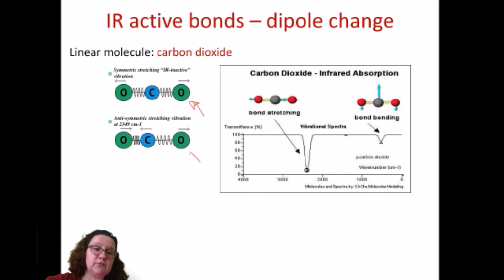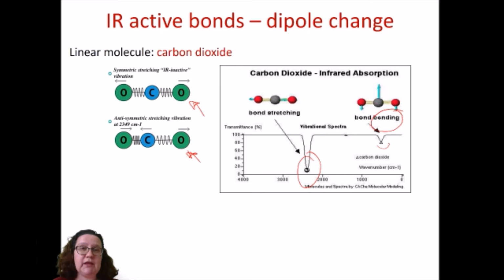This one, however, although the molecule is still symmetric, the antisymmetric stretching vibration does produce a change in the dipole moment, and then that's what it reflects as a band in the infrared spectrum. And then finally, there's another band associated with carbon dioxide, and it's the bending mode. And as you can see, the band is much weaker. Bending modes typically originate weaker bands than stretching modes.